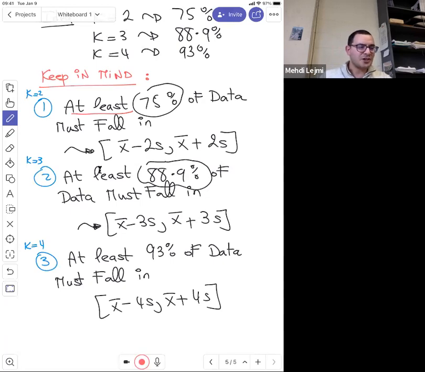For each percentage you have a different interval, right? Anyway, with the examples I'm sure it's going to be more clear. I don't think it's really hard.